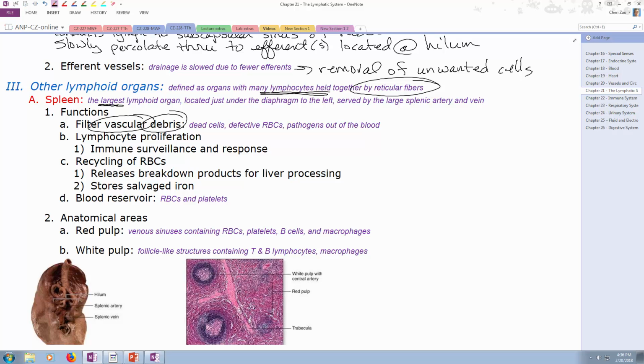So they can be dead cells, defective red blood cells. Remember, red blood cells just have a 120-day lifespan, so they pop. We need to start taking them out. And also pathogens that are present in our bloodstream. Because the spleen has some similarity in its structure, we are going to remember it's a lymphoid organ, so lymphocyte proliferation will occur after activation.